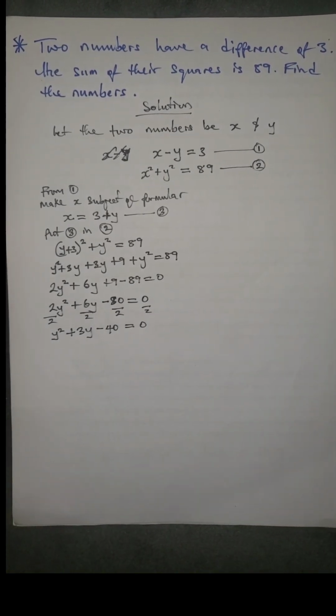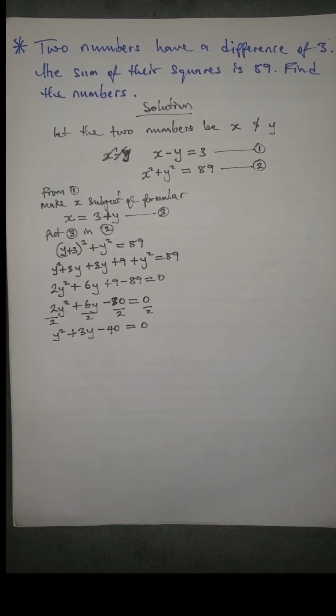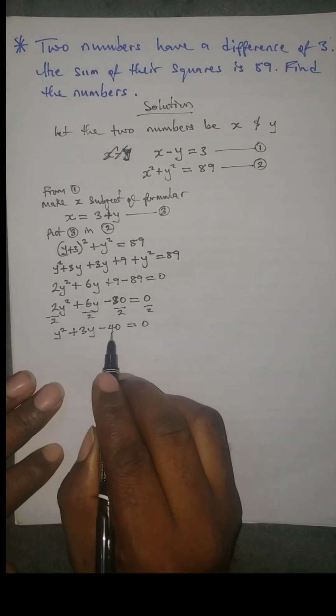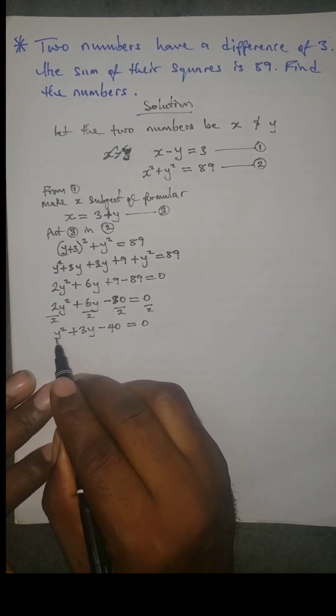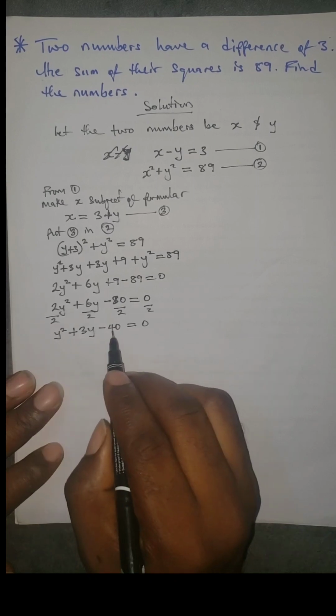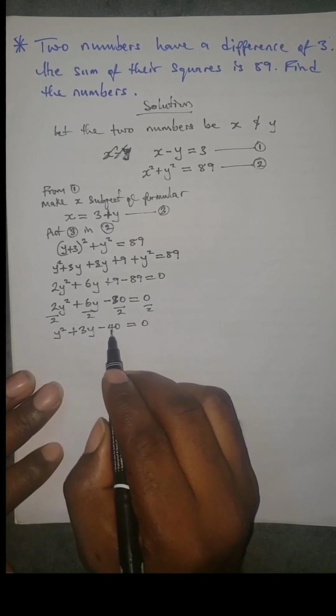Okay, so the next thing now is solving our resulting equation. How can we solve the problem using factorization method, or is it factorizable? If it's not factorizable, then we can use the formula method to solve. Using factorization method here, I need to find the coefficient. The coefficient of y squared is 1 and the constant is minus 40.